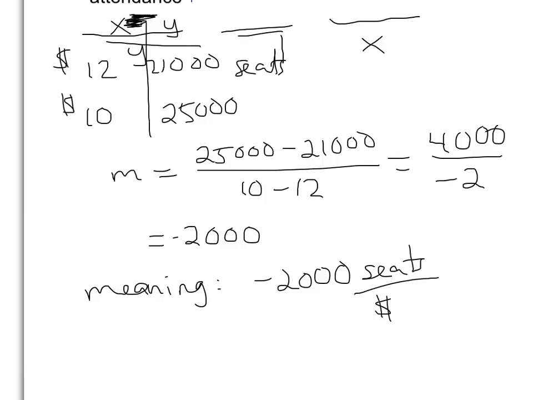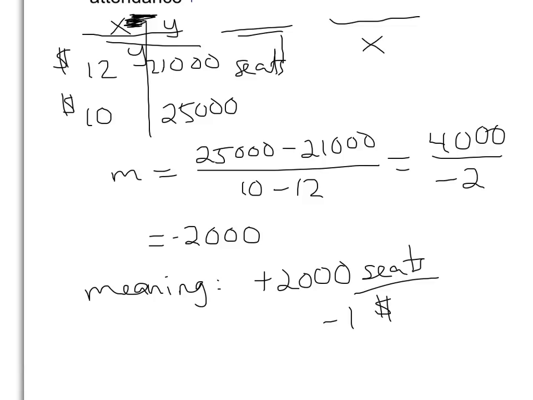So this is saying that the number of seats goes down as our price goes up. So as we increase the price by $1, we sell fewer tickets. Or alternatively, you can think of this as a positive 2,000 seats every time we reduce the price by $1, so negative $1. So that's what that slope means.